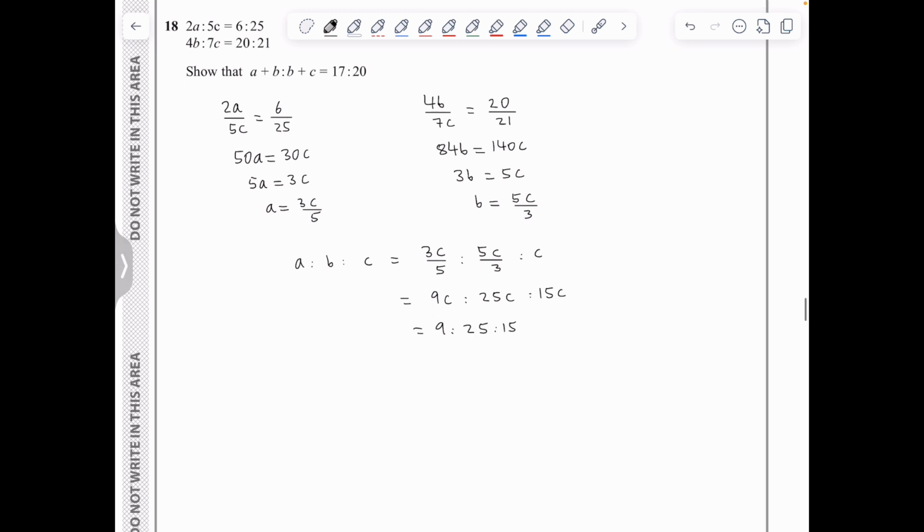And therefore, if I consider a plus b to b plus c, now a plus b will be 9 plus 25. And then we've got the b plus c, which will be 25 plus 15. So we're looking at 34 to 40, which simplifies to 17 to 20 as required.